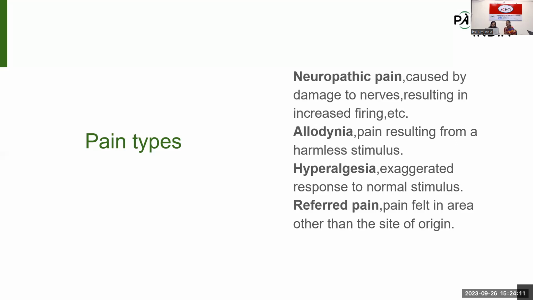So they will avoid people going near them, because they're so scared someone will touch it without their knowledge. If someone accidentally goes past them or touches them, that causes so much pain. That is what allodynia is: pain resulting from a harmless or non-painful stimulus.